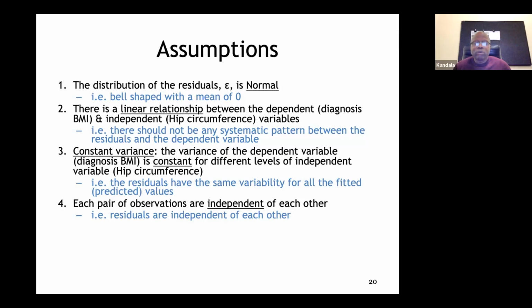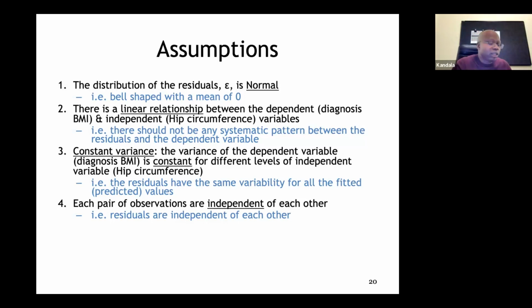That is, if you are measuring BMI in one person and then in the second one, their BMI must be independent, or the government spending from week 1 to week 2 needs to be independent from each other, so that we are also equally sure that the residuals are independent from each other.